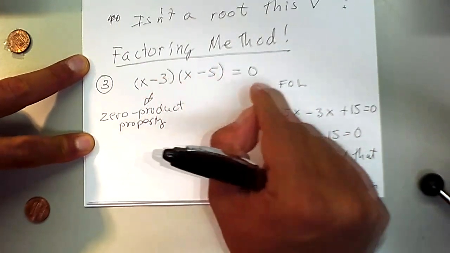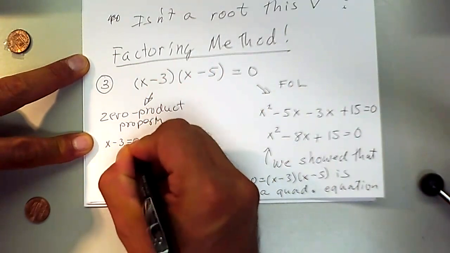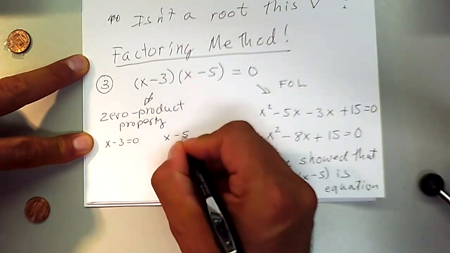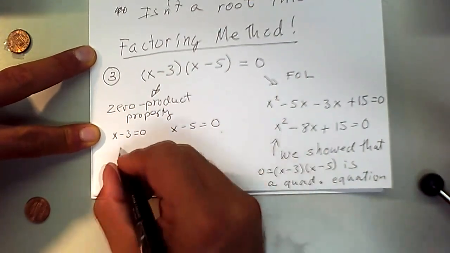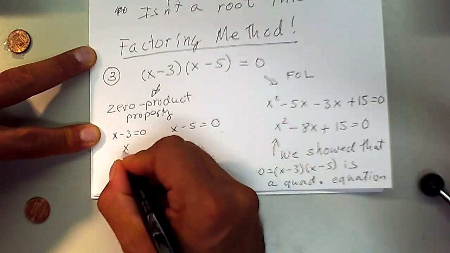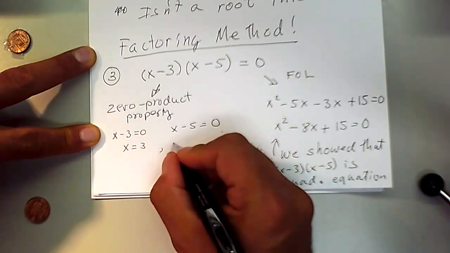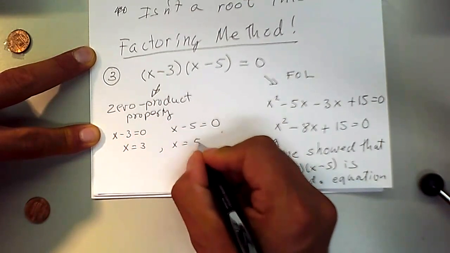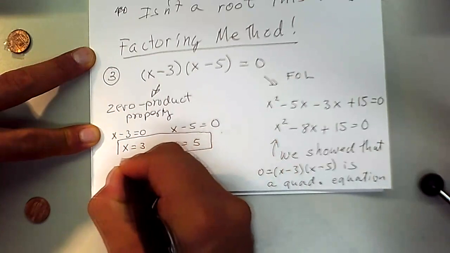There's no other possibility. So x minus 3 is 0 or x minus 5 is 0. All right, and that means that x has to be 3 if we add 3 to both sides of the equation, or x has to be 5. And those are the two solutions of the equation.